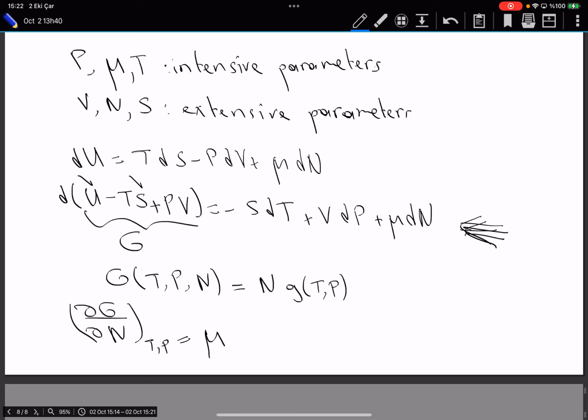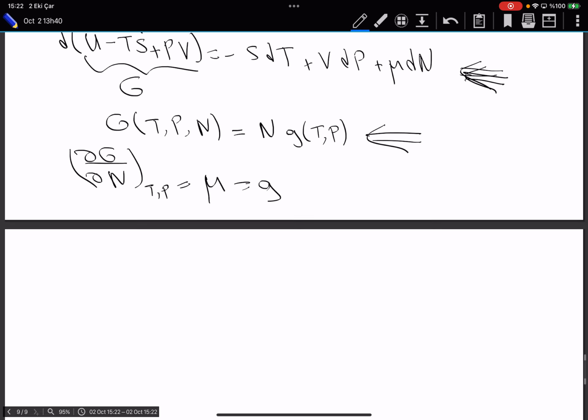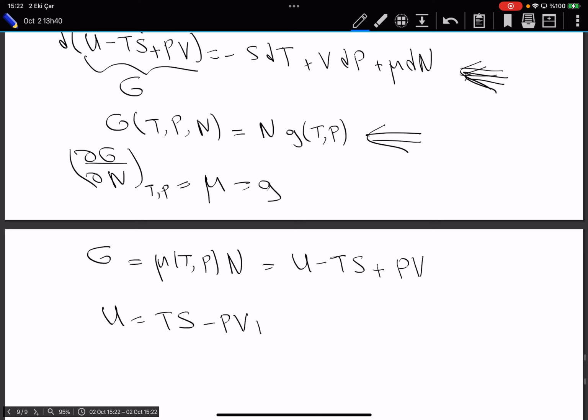Well, as you pointed out, if you look at the last relation that I wrote, the definition, this is G. So G is nothing but the chemical potential as a function of temperature and pressure. So G is mu as a function of temperature and pressure times N. But this is nothing but U minus TS plus PV. So I already have another relationship. U is equal to TS minus PV plus mu N.